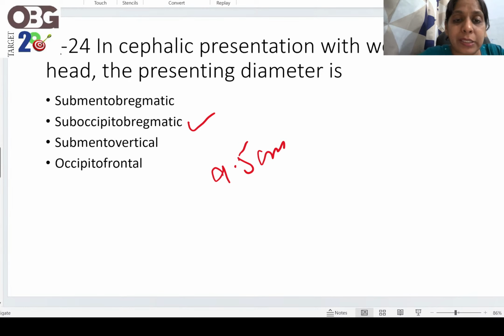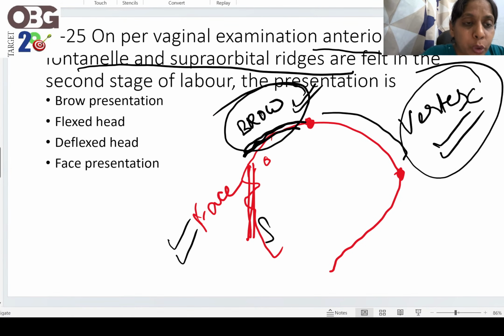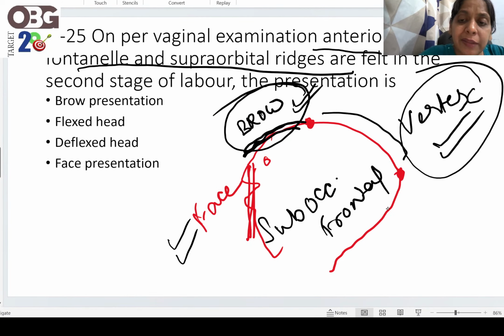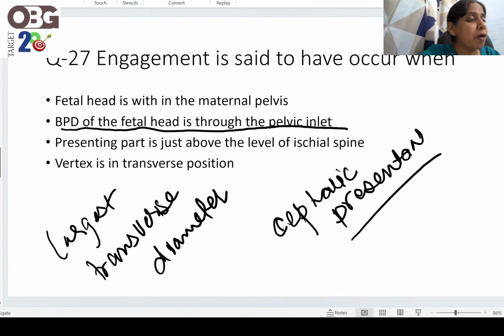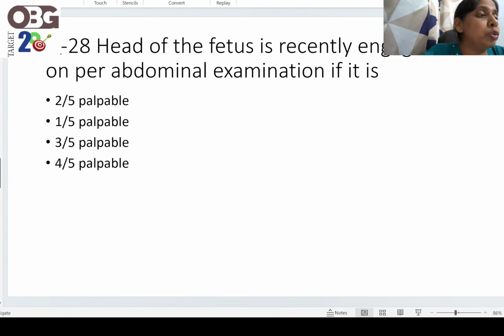In the brow, it is suboccipitofrontal. And in the face, the anterior-posterior diameter is submentobregmatic. Okay, so you just need to learn that the definition of engagement is with respect to the transverse diameter of the fetal head and not the anterior-posterior diameter.